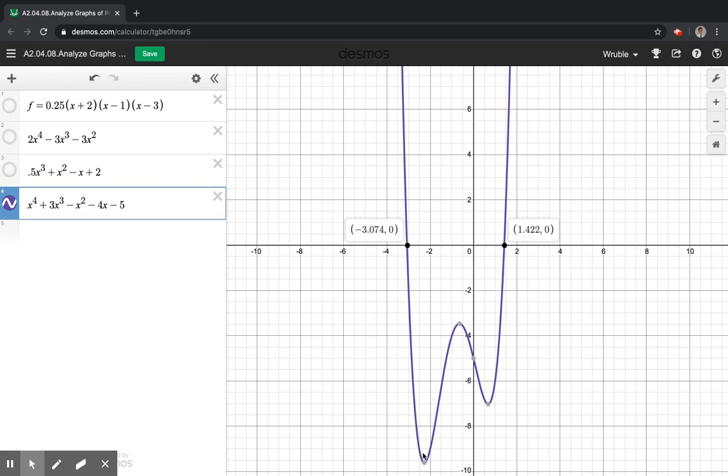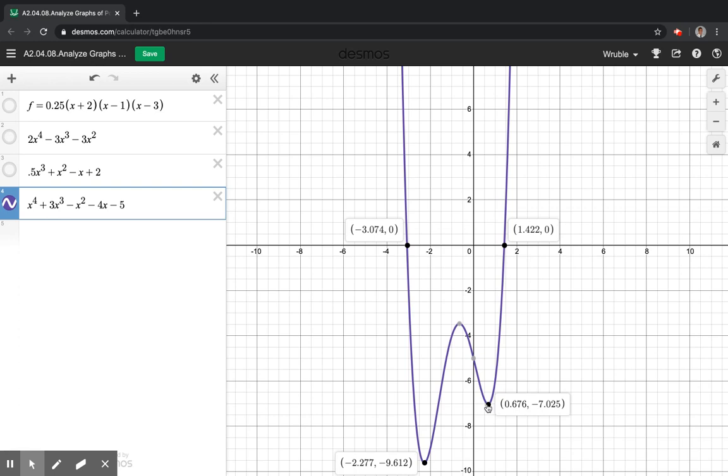Another thing that we have to come up with are the local minimums. In this case, we have two local minimums. One of them is at -2.277, -9.612.